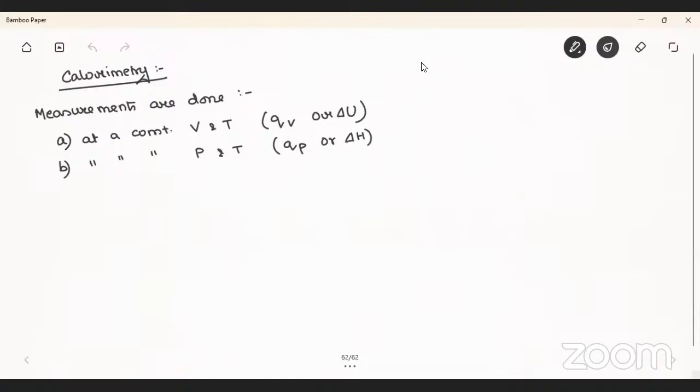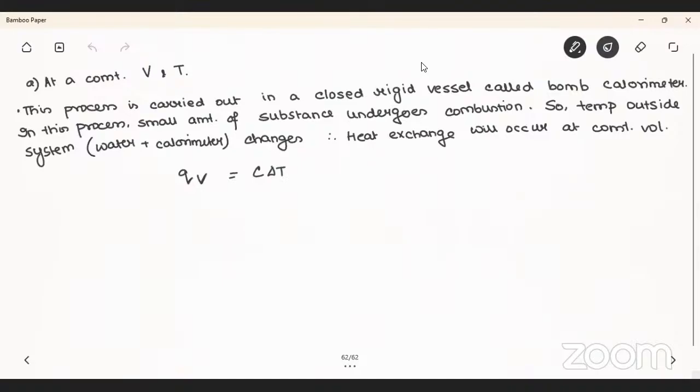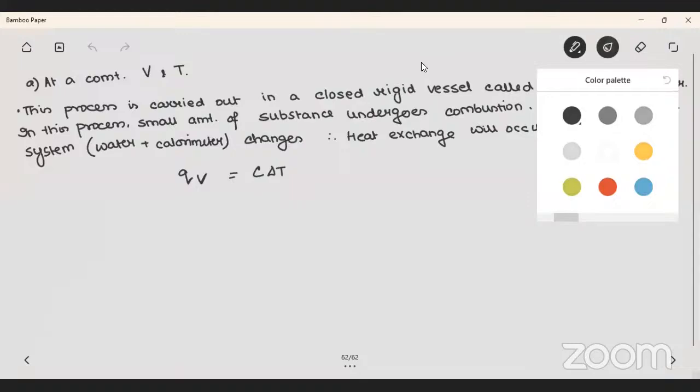So there is a system, and inside the system there is no heat change, and outside the system the temperature is changing but volume remains constant. Since temperature is changing, there will be a heat exchange, and that can be calculated using this formula. Here, what is QV?